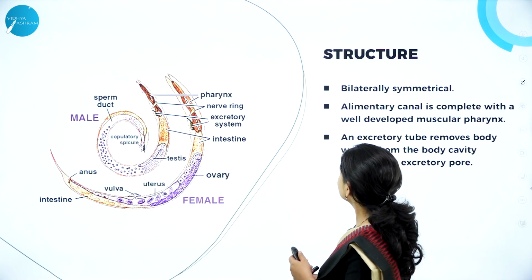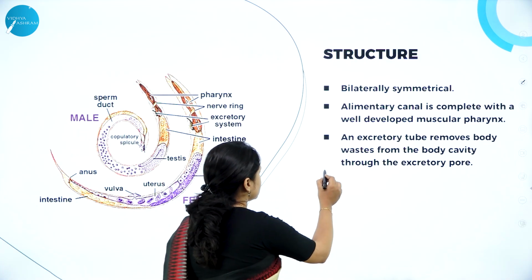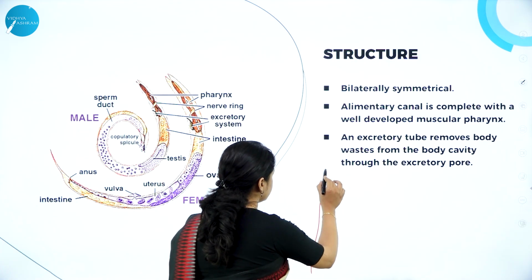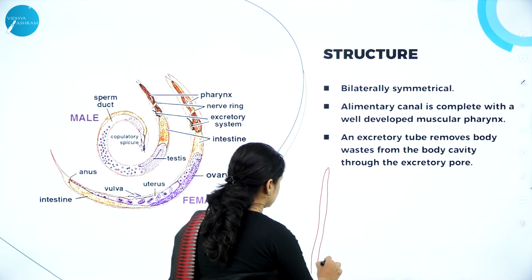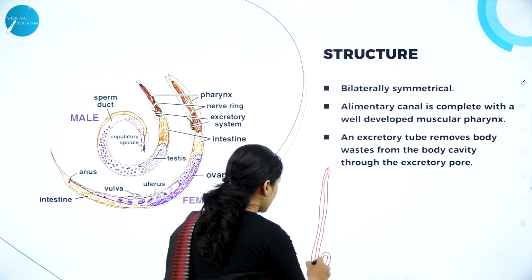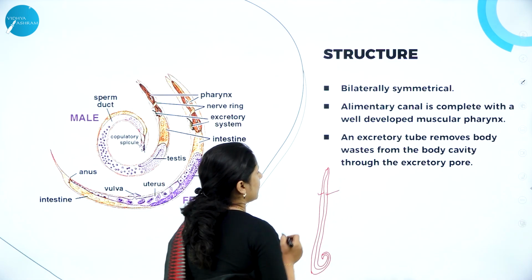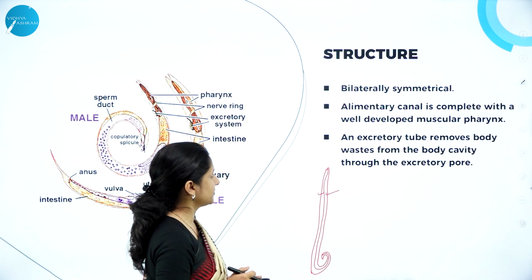Next, talking about their structure, they are bilaterally symmetrical. That is, if we have, for example, a roundworm, and we draw a line exactly at the center, one half of it looks exactly similar to the other half. So therefore, it is bilaterally symmetrical.